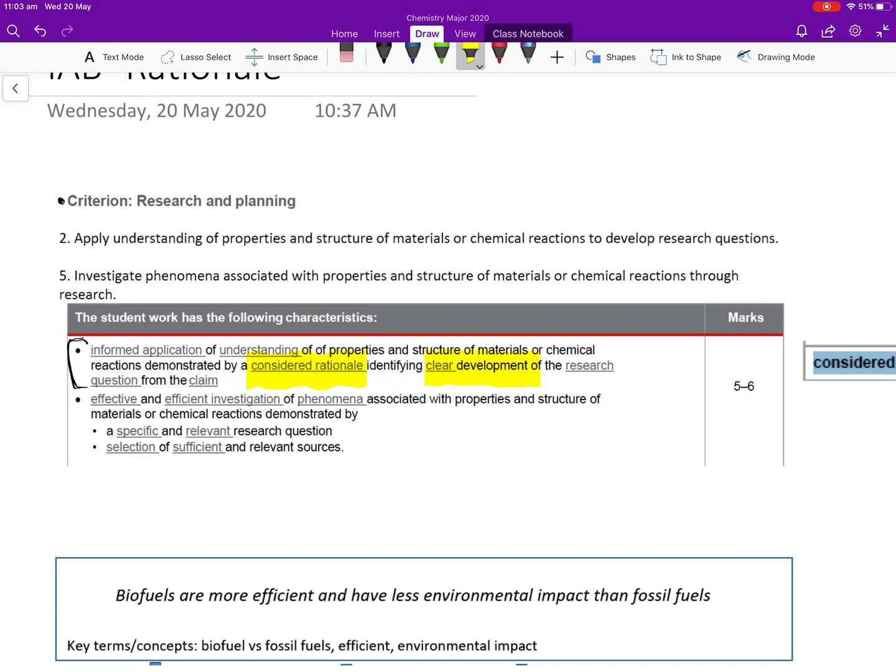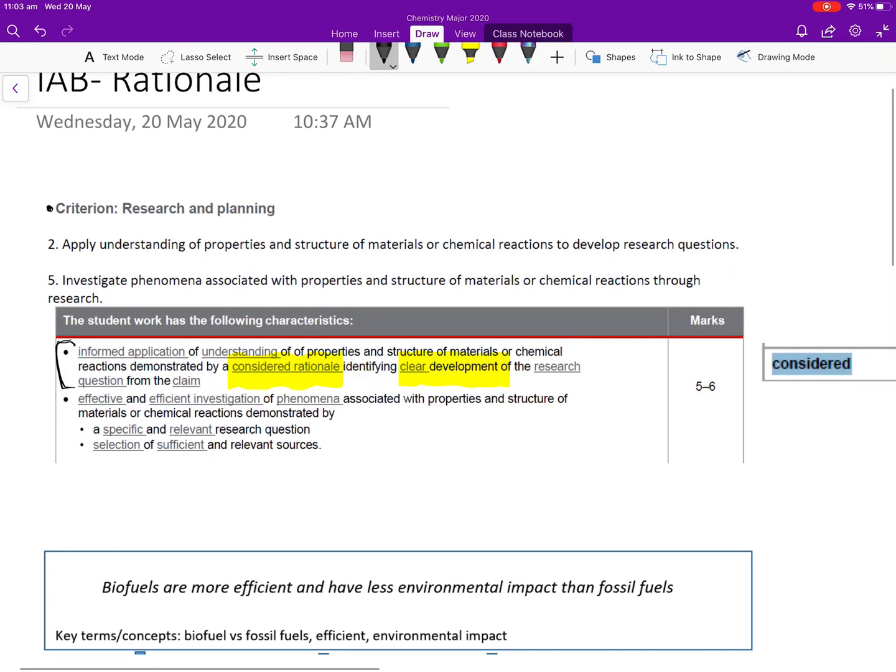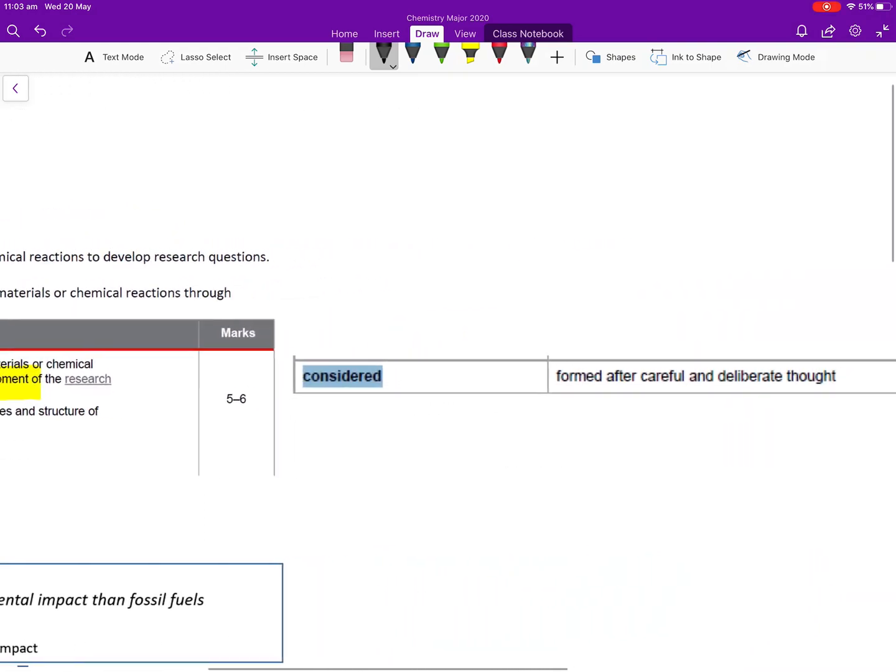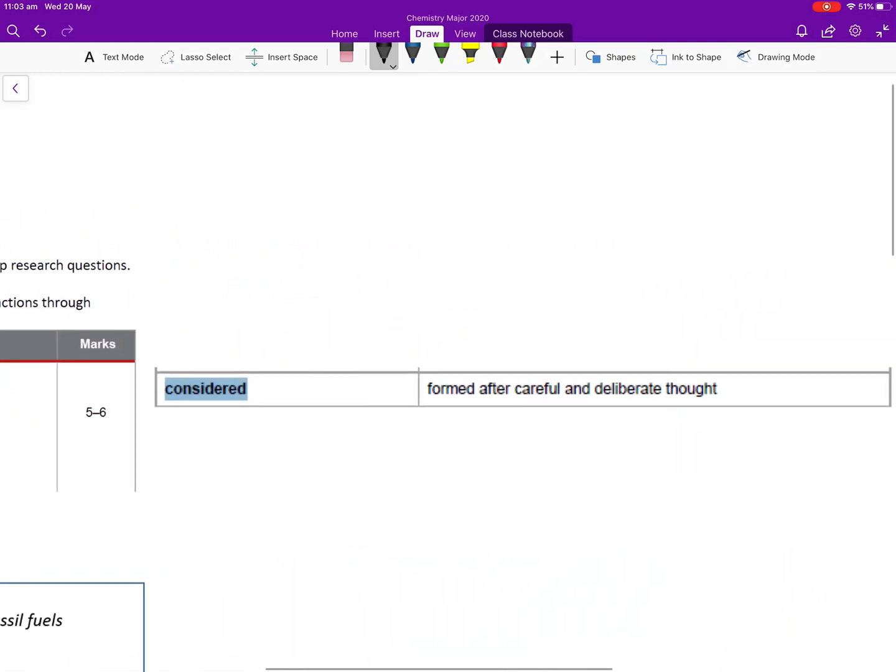clear development. Okay, so when I was doing this, I was like, okay, I'm not quite sure what it means by considered rationale. So I went to the chemistry syllabus, and in the syllabus, it's got some definitions for terms, and what it says in there is considered is formed after careful and deliberate thought.